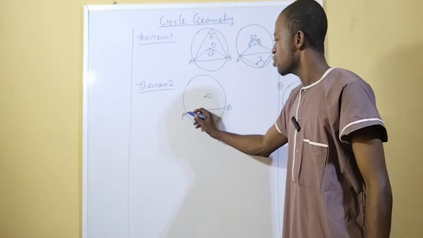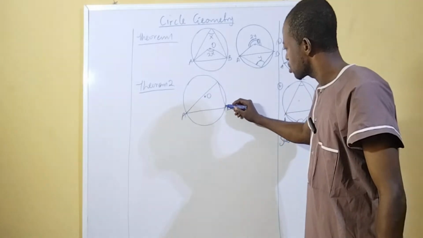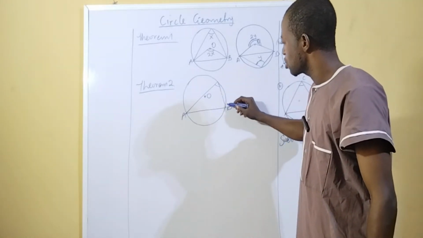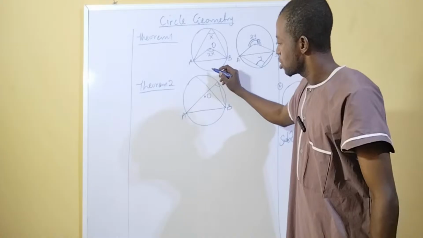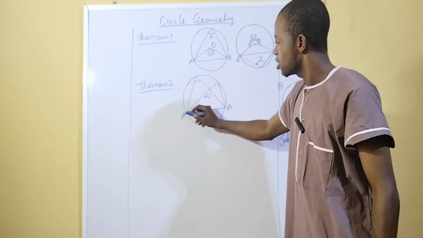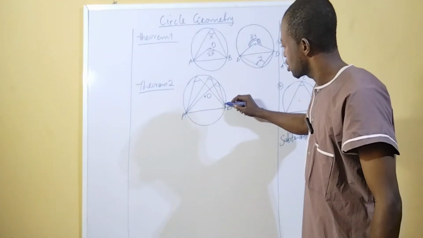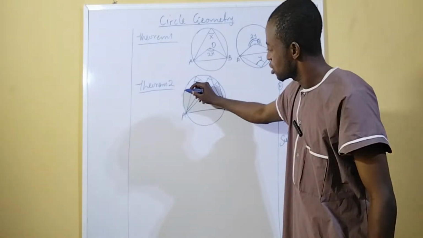Now we can form so many angles here by this chord. This is one, this is another one, this is another one, this is another one here.